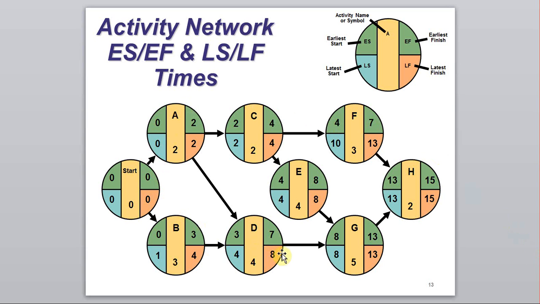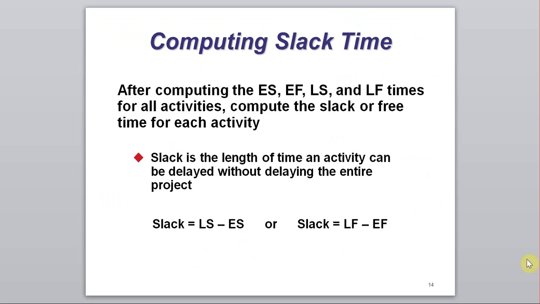This activity network shows every activity for which we have successfully calculated the four time attributes. And now we would like to calculate the slack time.